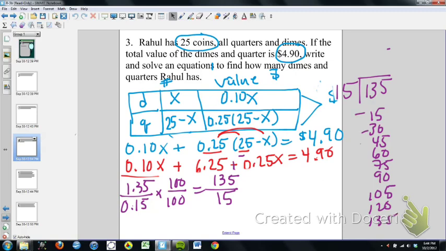That's 1, 2, 3, 4, 5, 6, 7, 8, 9. So that's 9. Okay, so x must be equal to 9. After all that work, you find that x is equal to 9.